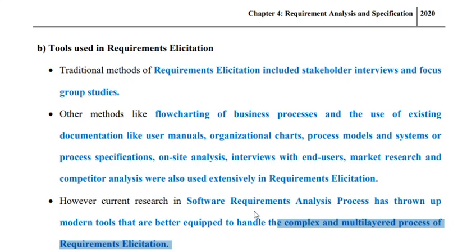So there are various types of tools that can potentially be used to elicit requirements from the customer, which include interviews, focus group sessions, flow charting, prototyping, use cases, process models for existing system, and on-site analysis.